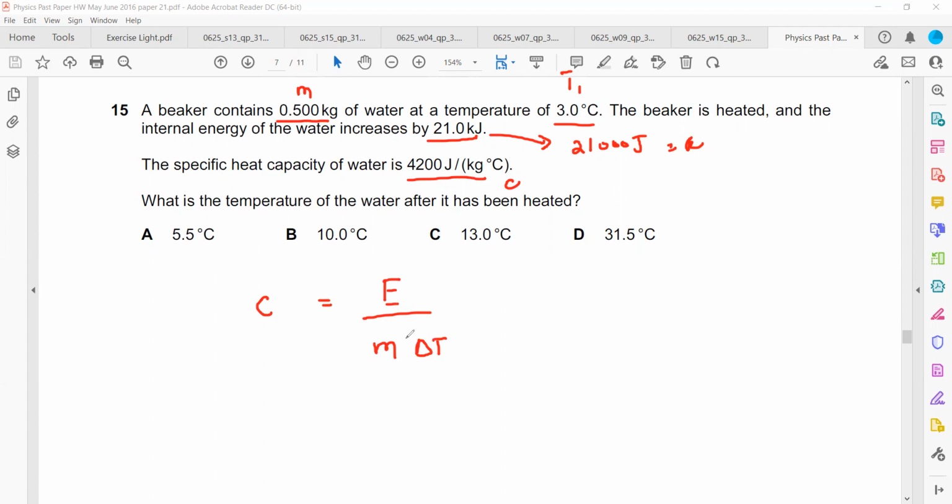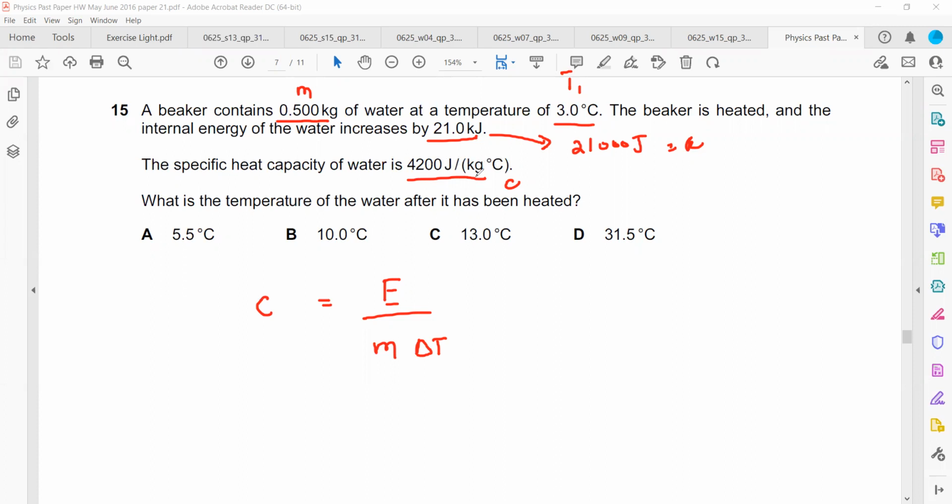First we will find the change in temperature, and from the change in temperature we can work out the final temperature. Delta T means change in the temperature.